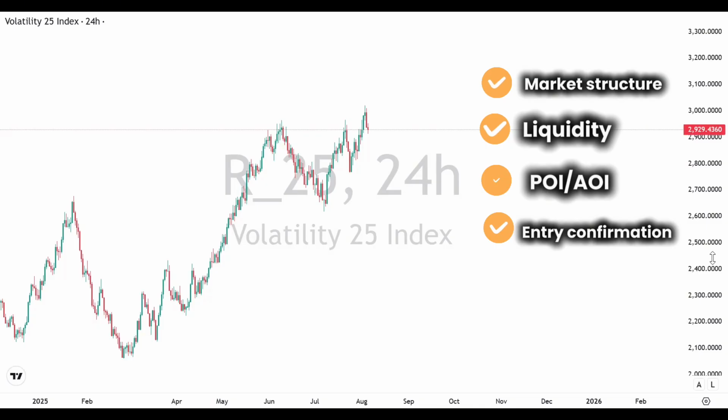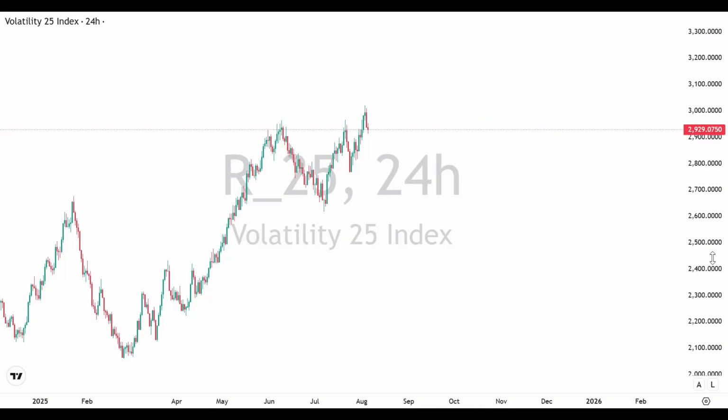Those are the 4 checklists that your high probability setup has to fill before you actually call it a high probability setup. If you mark just 3 out of this checklist, it is not a high probability setup. It has to be fully marked. The 4 have to be fully filled before you can call it a high probability setup.